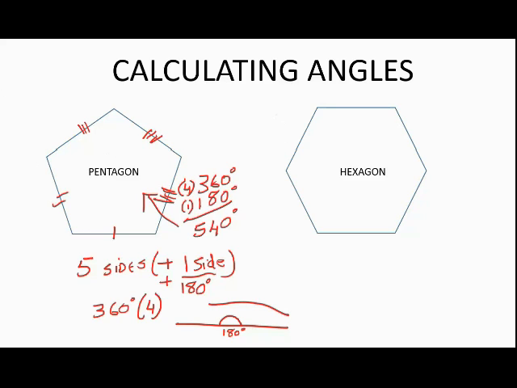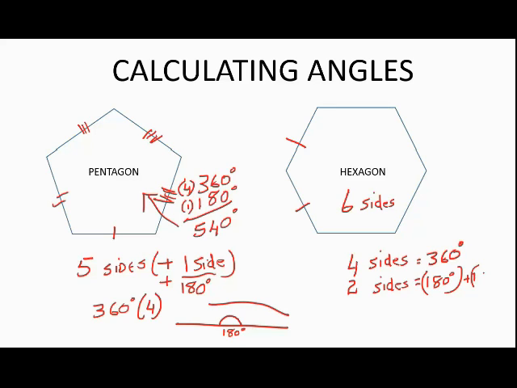Finally, if I look at a six-sided shape, we know that I have 4 sides on my rectangle. The interior angles would add up to 360 degrees. I add another 2 sides, so I've added an extra 180 degrees for one straight angle, and I've added another 180 degrees for a second straight angle.